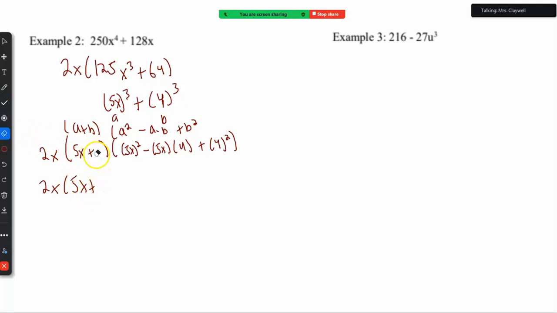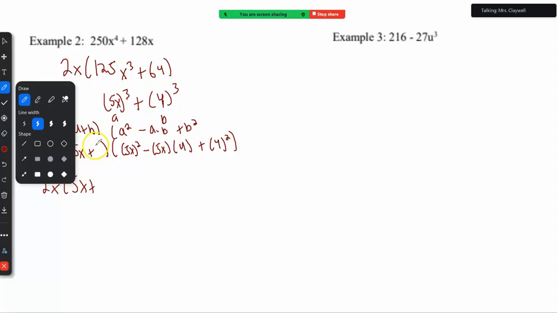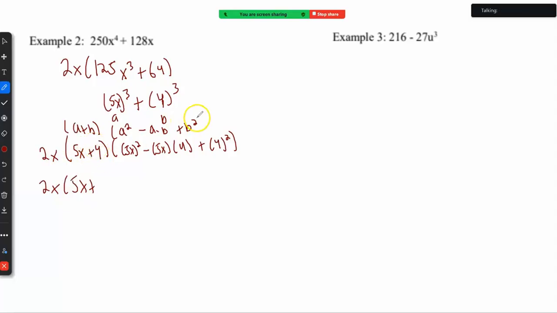Oops, I should have written my B here was 4. So I saw that this was sums of cubes, so I used the sums of cubes formula.